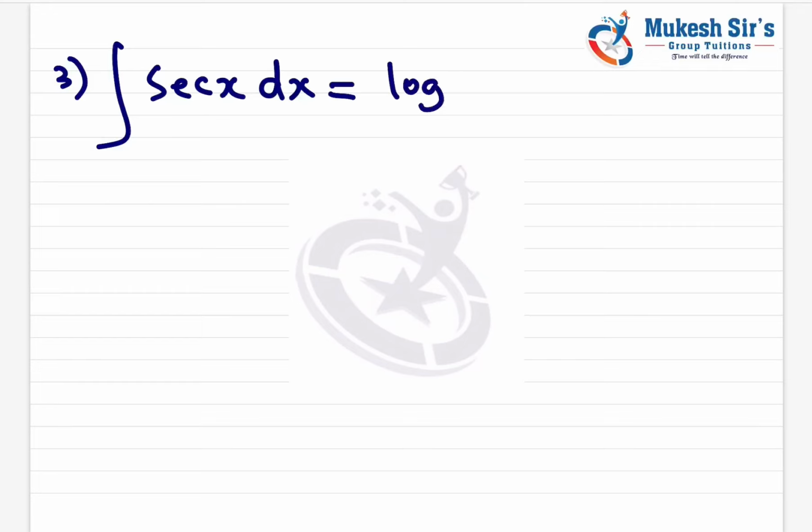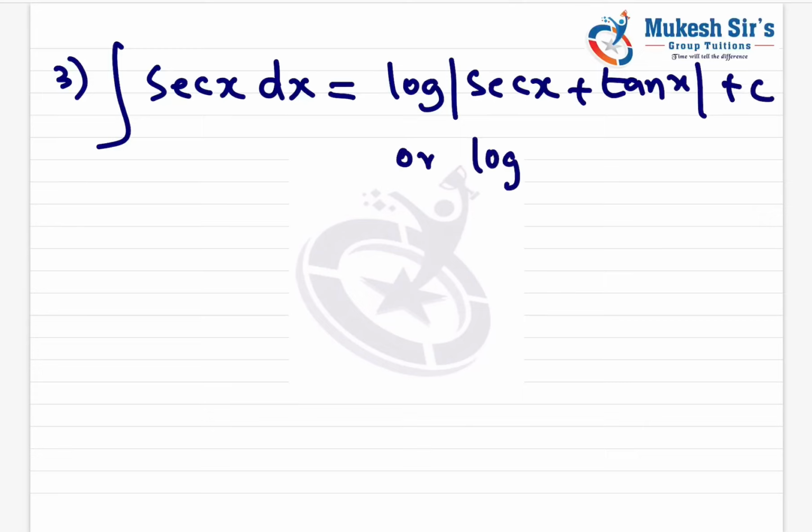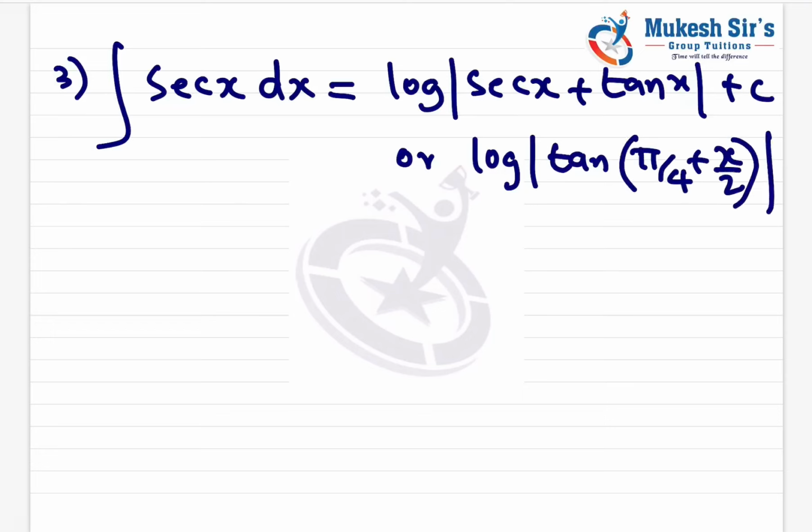The third formula is integration of sec x dx. That's log of mod of sec x plus tan x plus c, or log of mod of tan pi by 4 plus x by 2 plus c. Same you can use for the composite rule also. And the last formula is cosec.